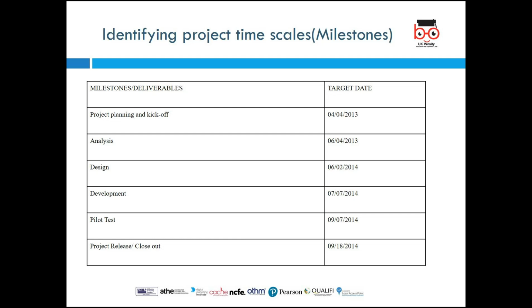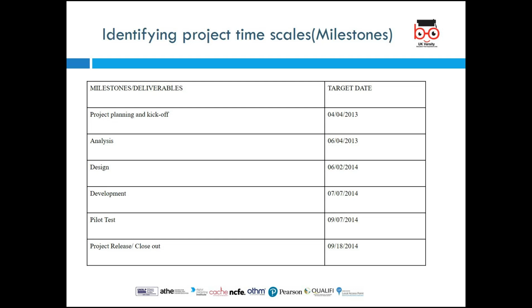We have the pilot test, 9/7/2014. Project release and closeout could be on the 18th of 9/2014. So if it's a 5-year project, it can go from 2013 up to 2019.